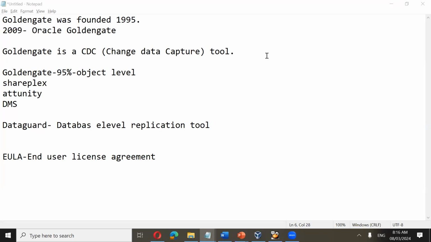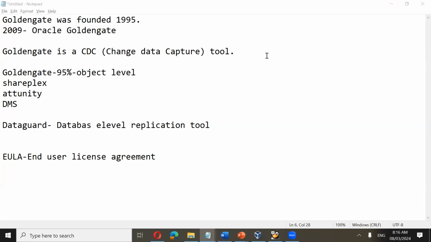So Goldengate usage is pretty high. The importance of Goldengate lies much beyond replication. It's not only a replication tool, it serves multiple purposes.